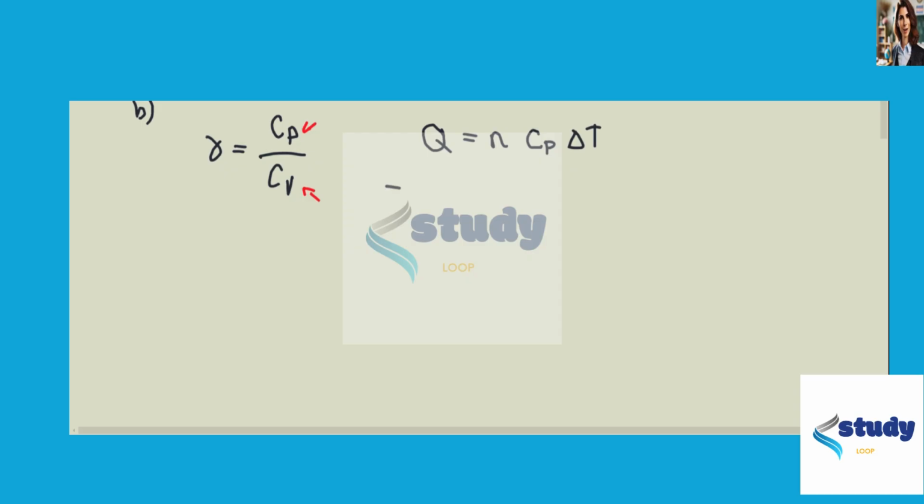From here, by algebraic transformation, we can move n and delta T to the other side and obtain that Cp equals Q over n delta T.